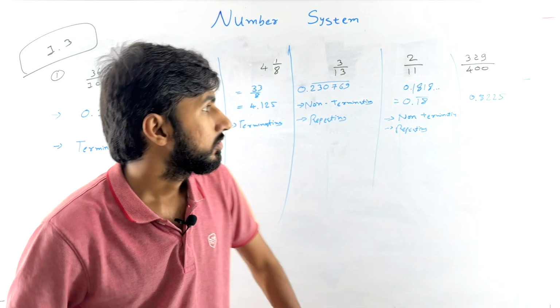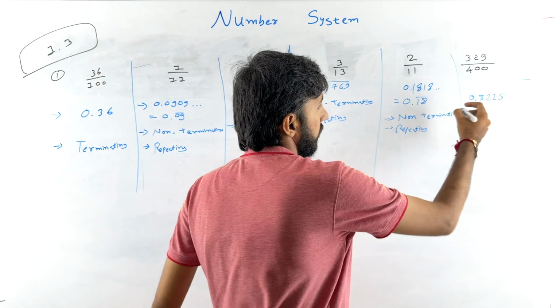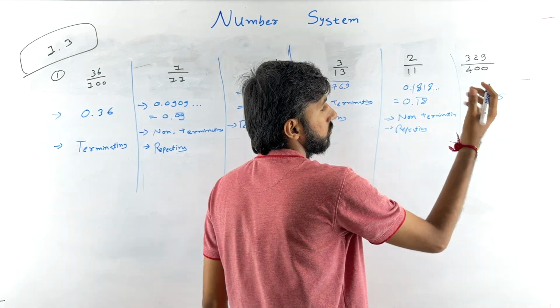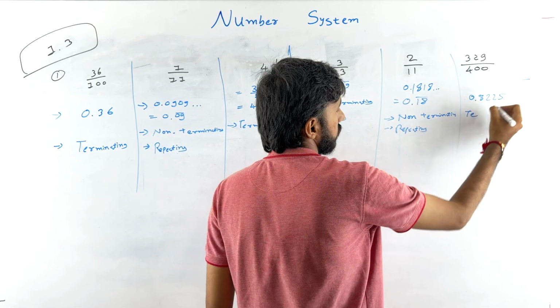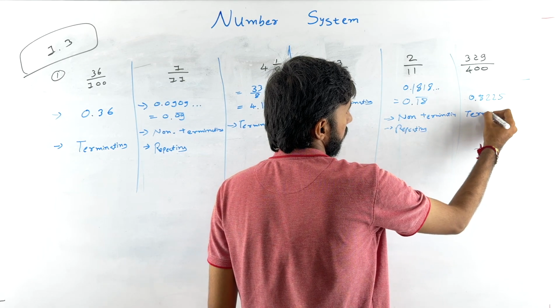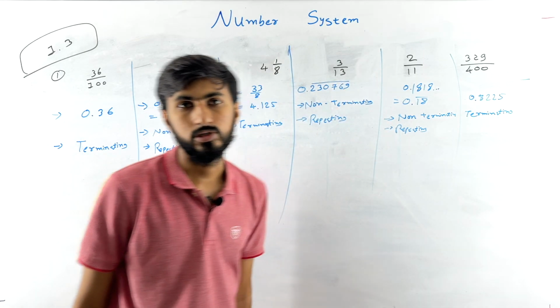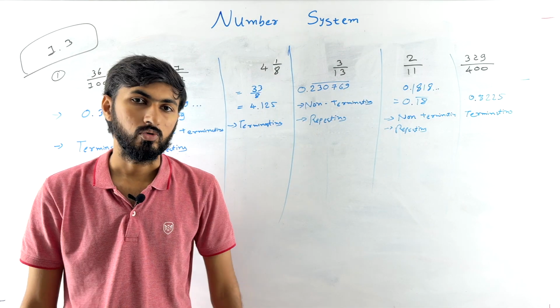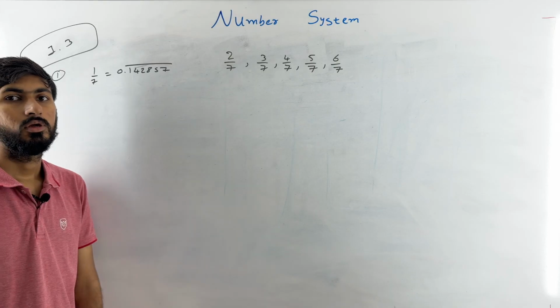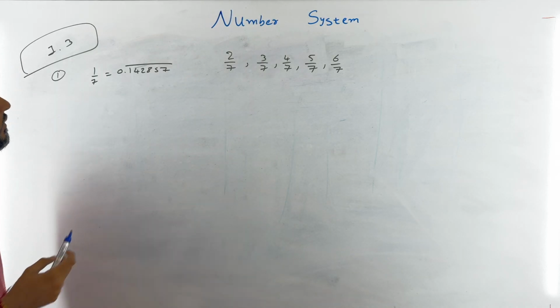So this is non-terminating, oh sorry, this is terminating because it stops after 5. So this is the first question. Now we will move on to the second question. Now this is our second question.